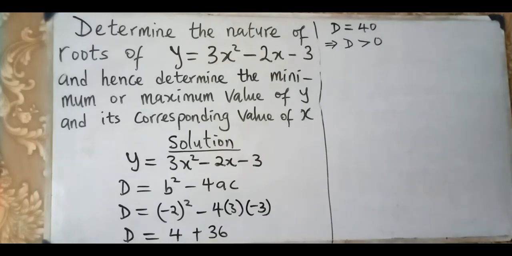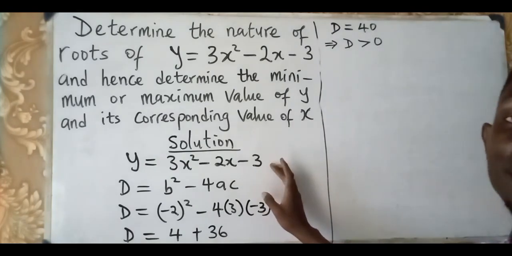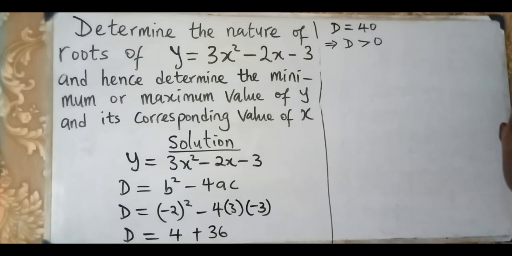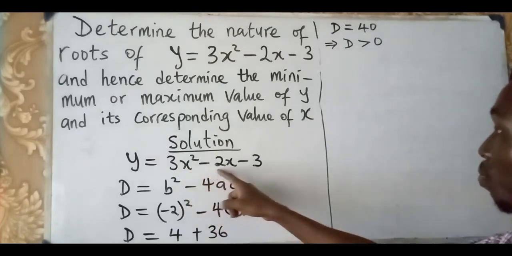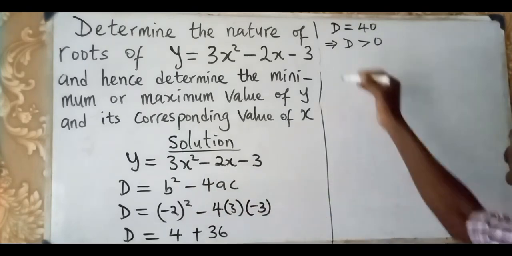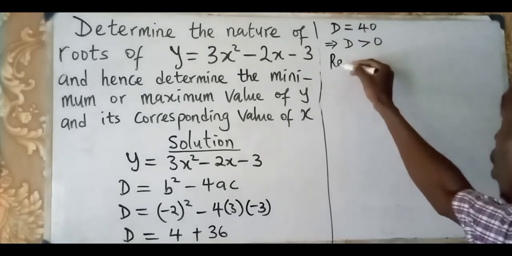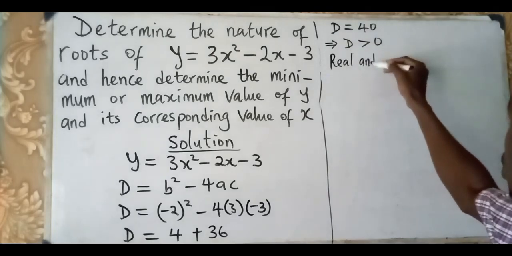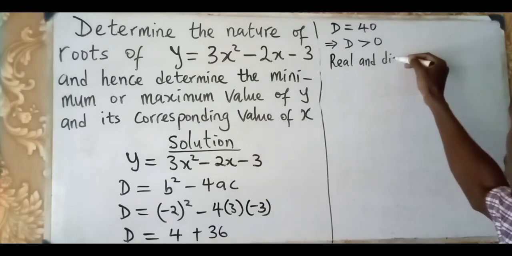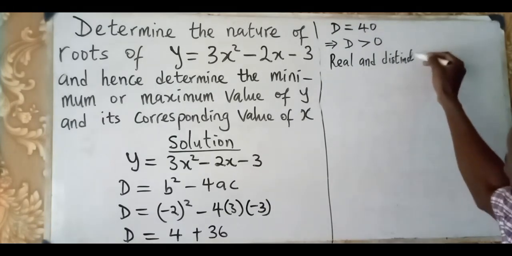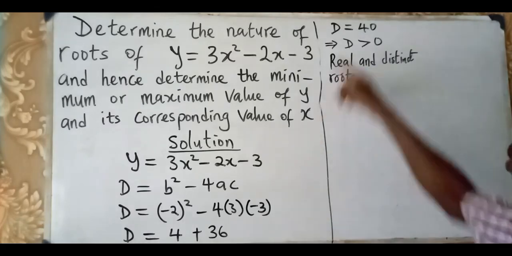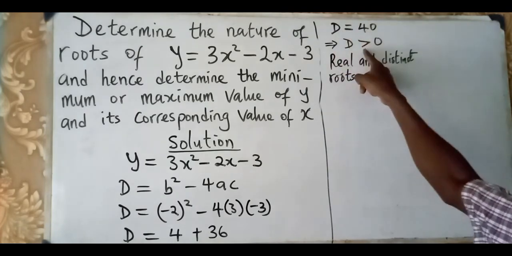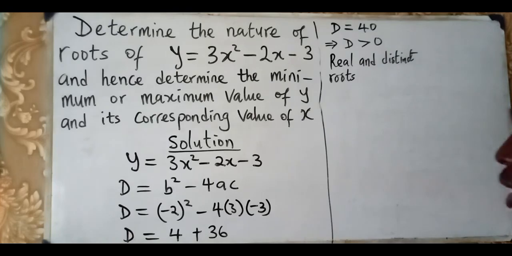And we said if D is greater than 0, then the roots of that quadratic function will be real and distinct. So therefore, this quadratic function will have real and distinct roots, because the value of the discriminant is 40, which is greater than 0.